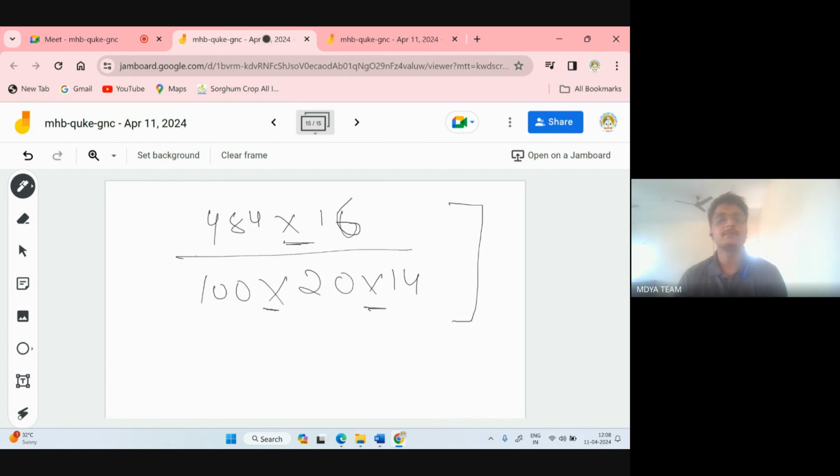If you multiply 484 by 16 and then multiply this number, and you get some big number, then you are making your calculation more complex. First, try to do the division, or you can break the number as per your comfort. In place of 100, we can write 25 into 4. Now you can easily cut this 4 on the 4, 4 4s are 16, 4 5s are 20.